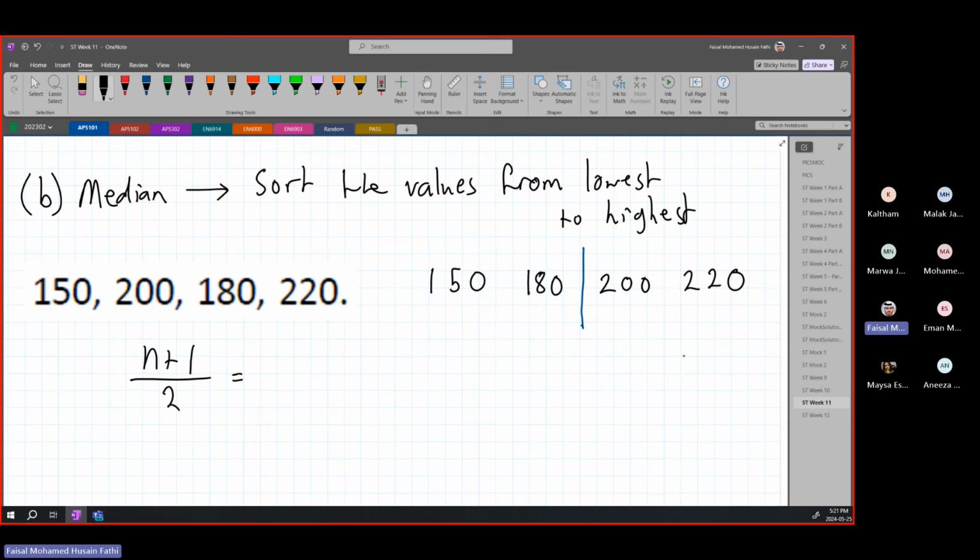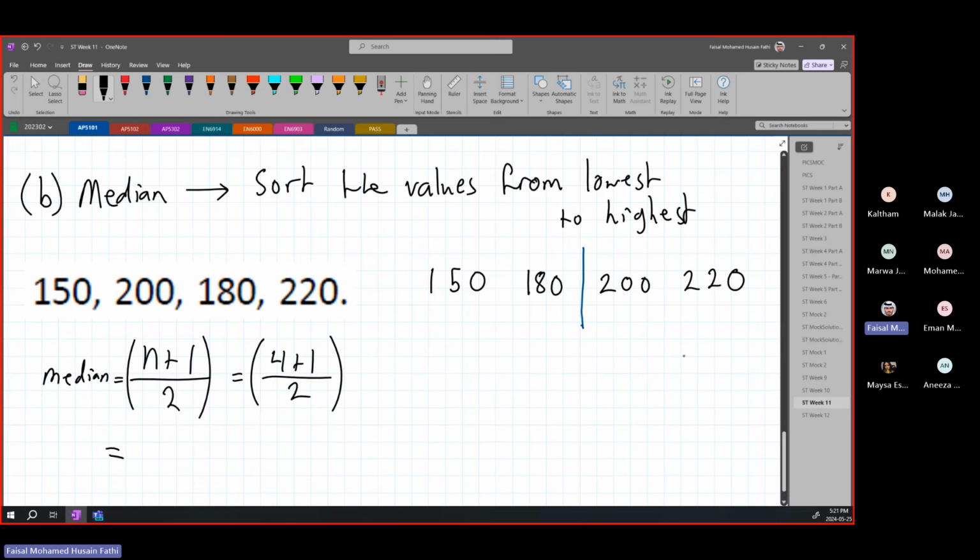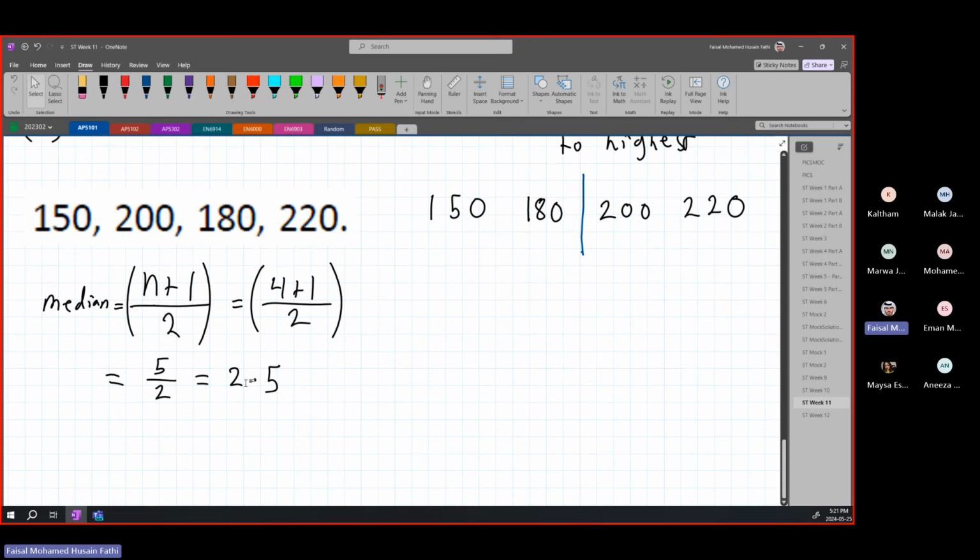So the median is equal to n plus 1 over 2, which is 4 plus 1 divided by 2. And if you notice here in this example, we are going to get a decimal point. This is 5 divided by 2, which is 2.5. All right. So we don't have an exact number of the middle point.